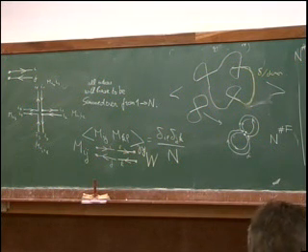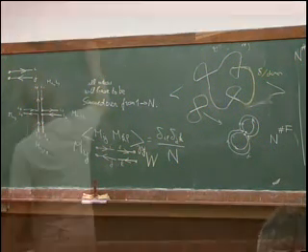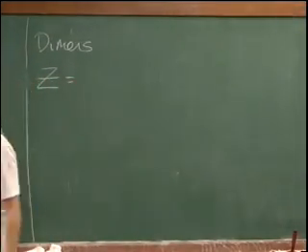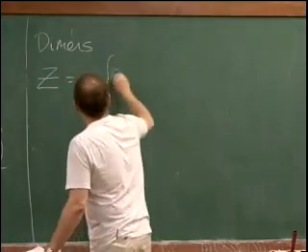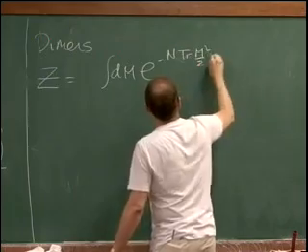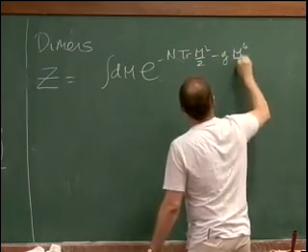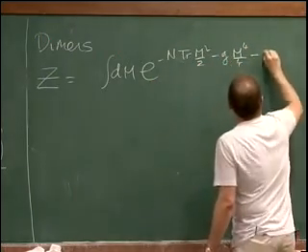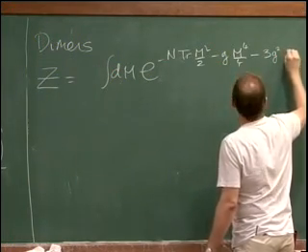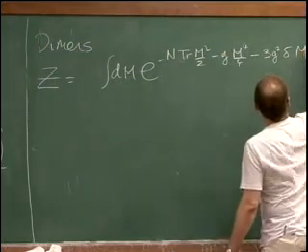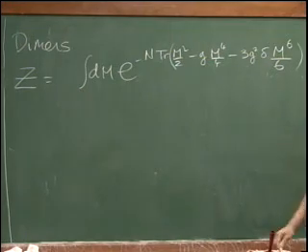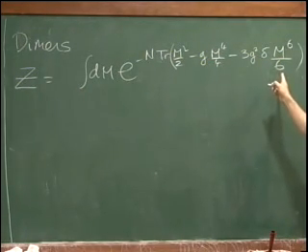So in the case of dimers, you just have to take for Z, which was the inside of a log, the following matrix integral. So I claim this is what you have to do.